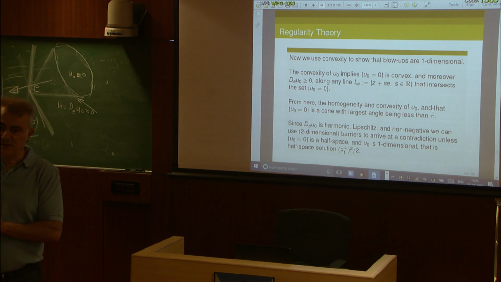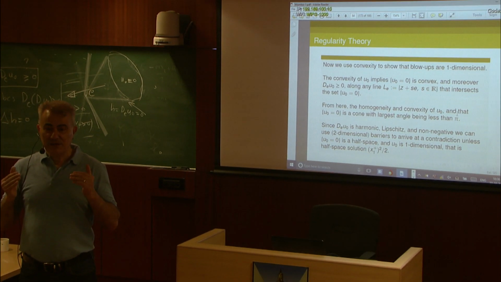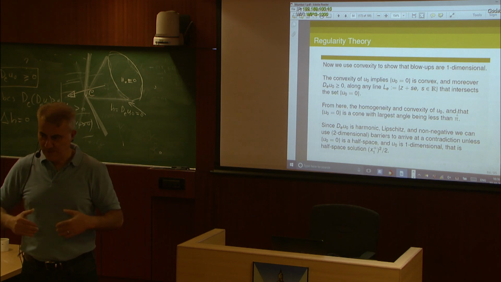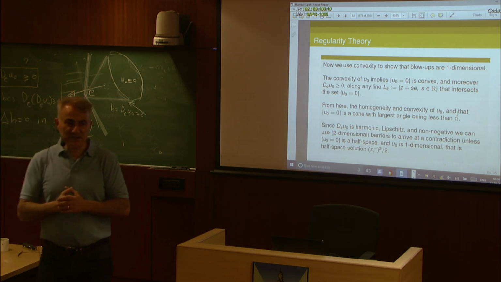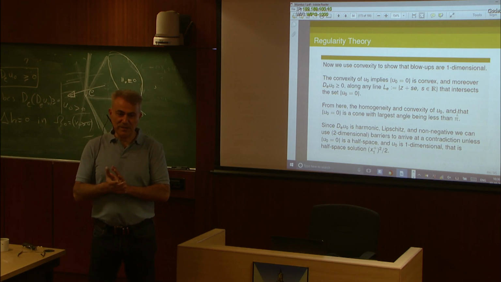If you have your solution u0, which is convex, and the set where u0 is 0 is a half space, so it contains a complete, let's say upper half space or lower half space, in the coincidence set, can you prove that the function is one-dimensional? That's a good exercise.